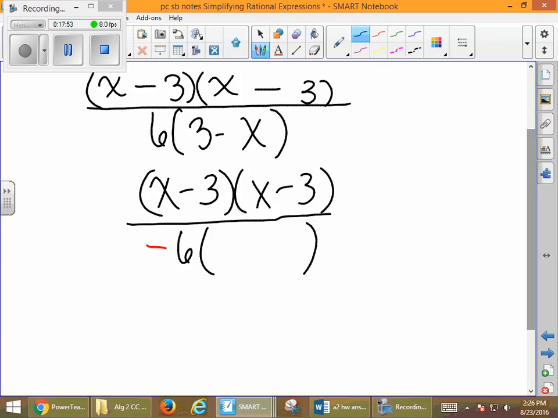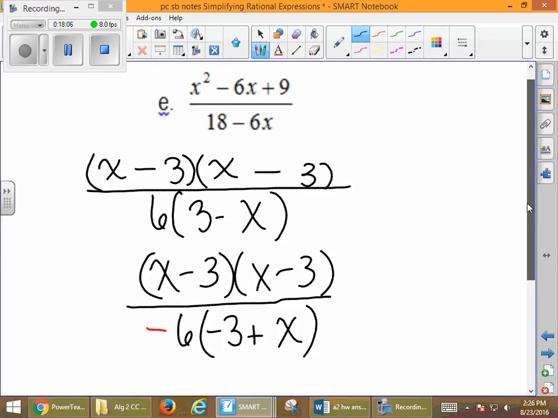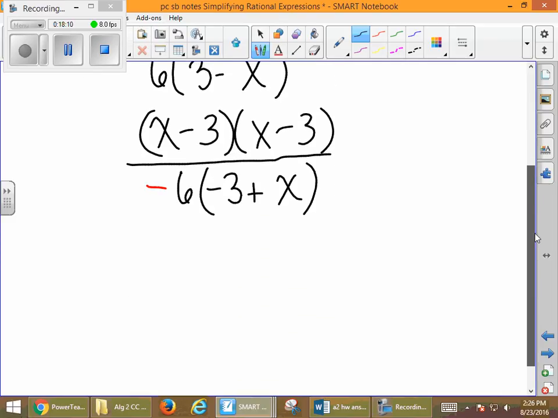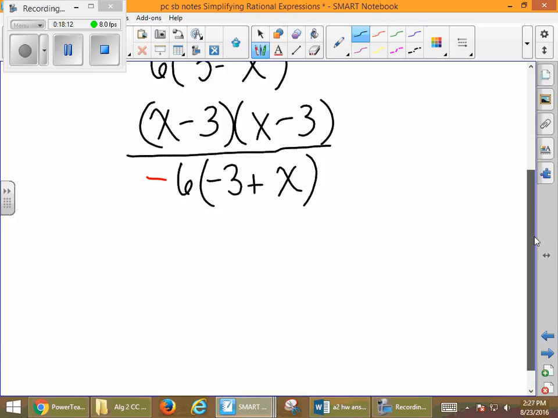So that's going to make us -3. -6 times -3 is positive 18. -6 times positive x gives us -6x, which is still keeping this value equivalent here. Again, some of you here can cancel out.